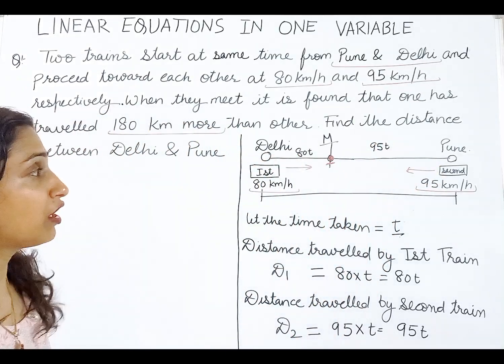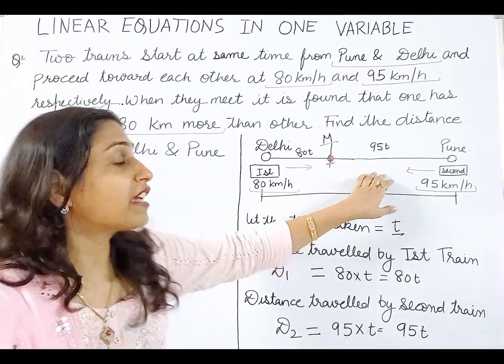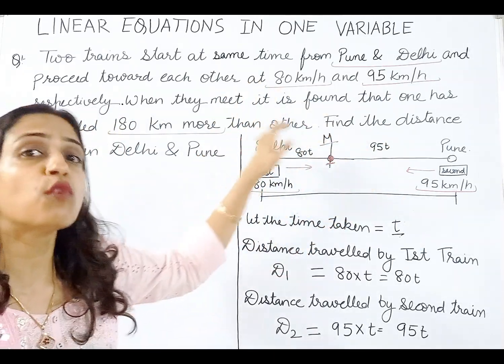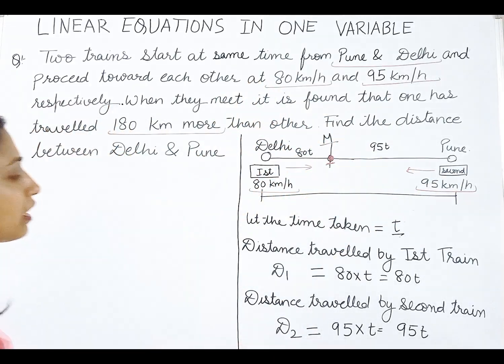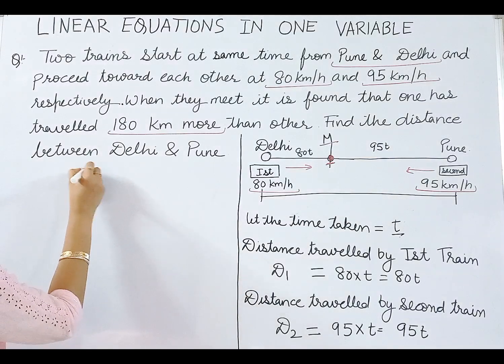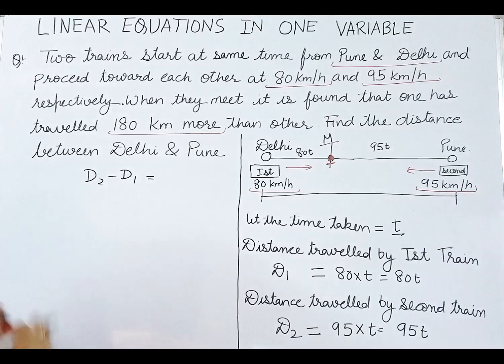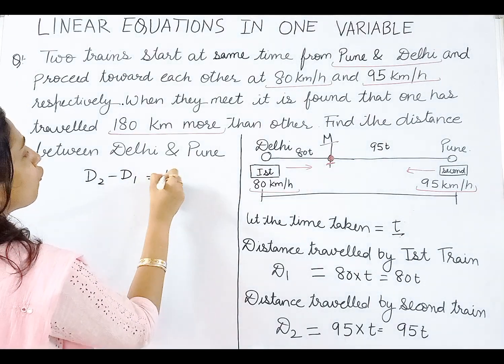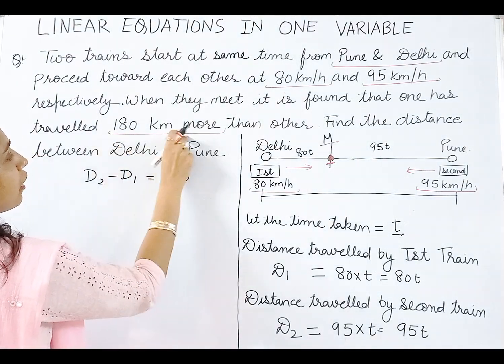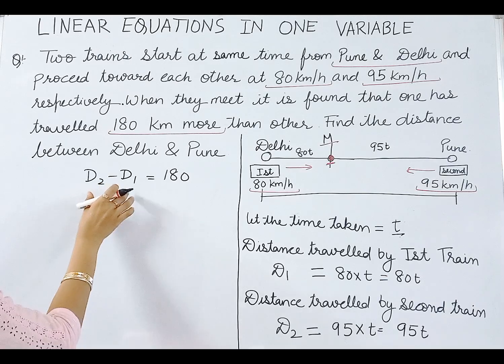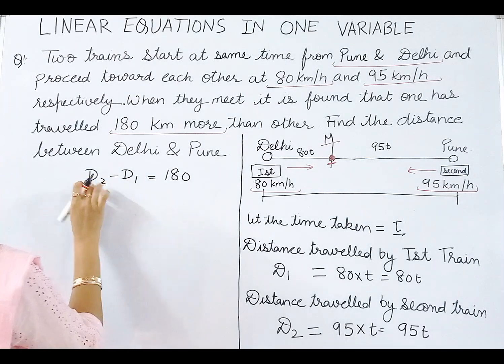Now we are given that one train has traveled 180 km more than the other. That means the difference between the distances traveled by the two trains is equal to 180. So we will subtract distance d1 from d2.